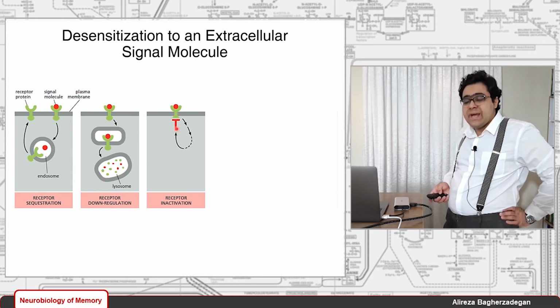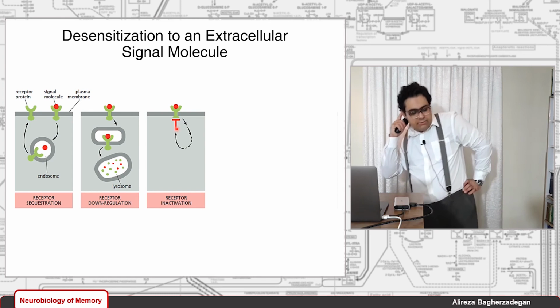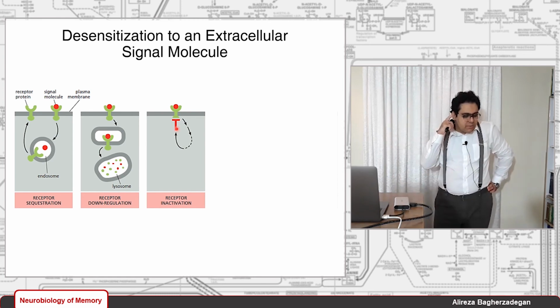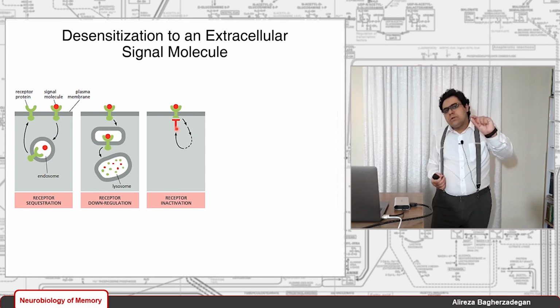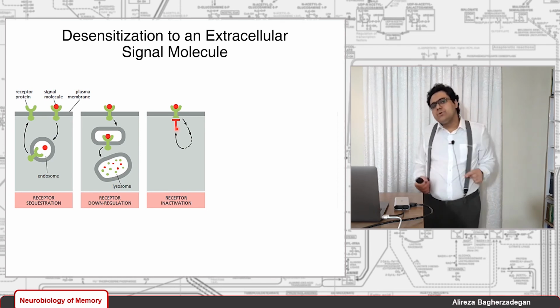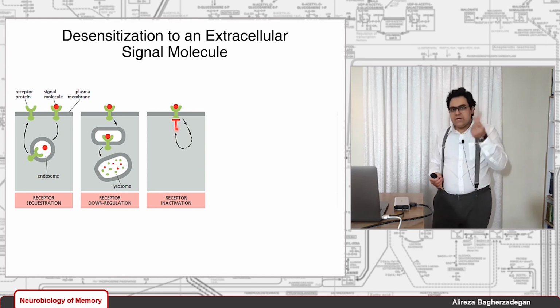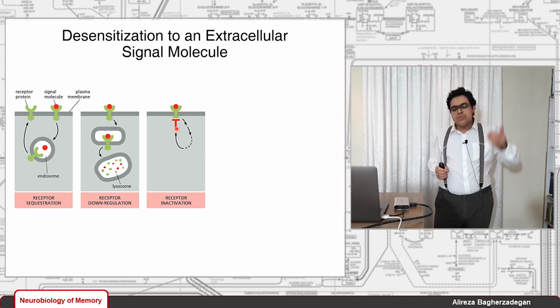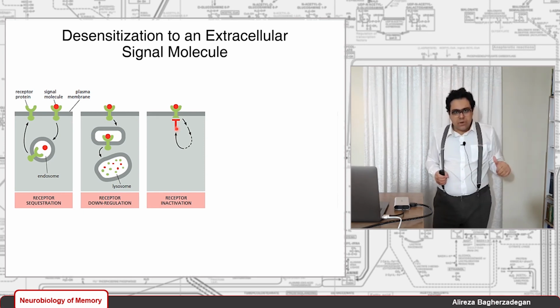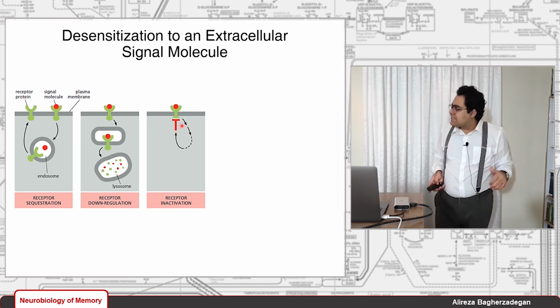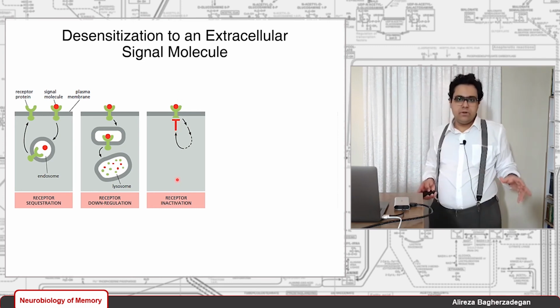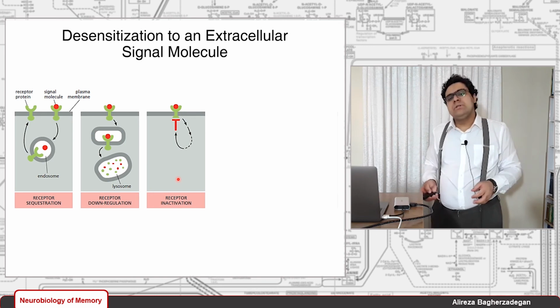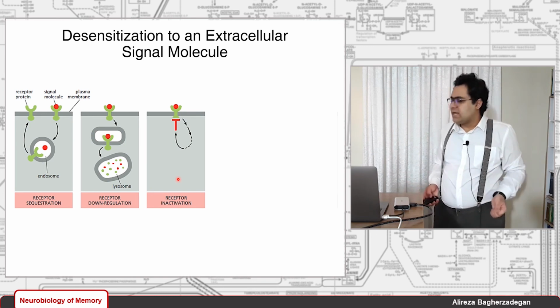The way a receptor gets inactivated is that, for example, some proteins add a phosphate group to a receptor. That phosphate group, for example, prevents the receptor from going under conformational change, so it's no longer able to receive a signal. Phosphorylation or dephosphorylation sometimes can inactivate a receptor.